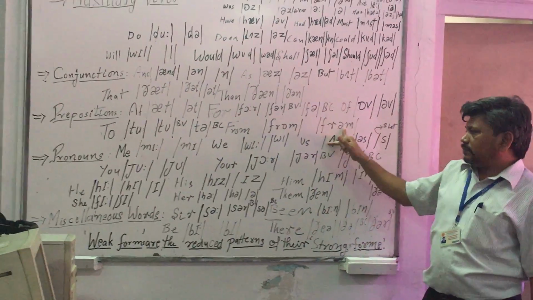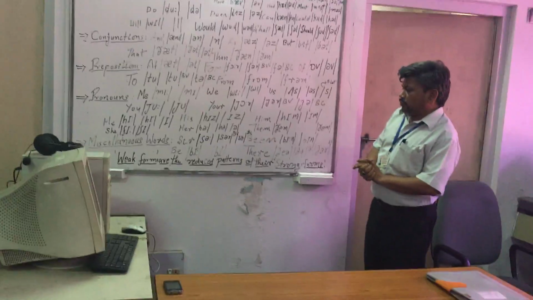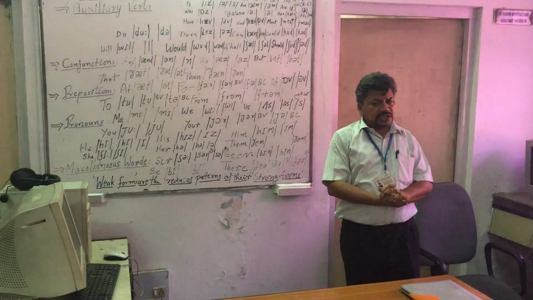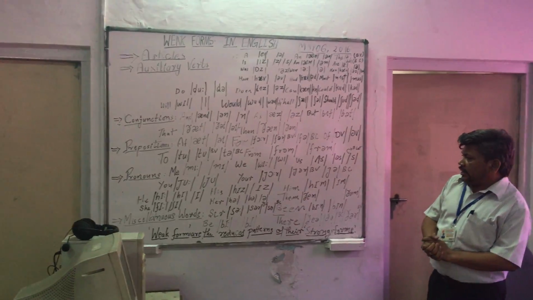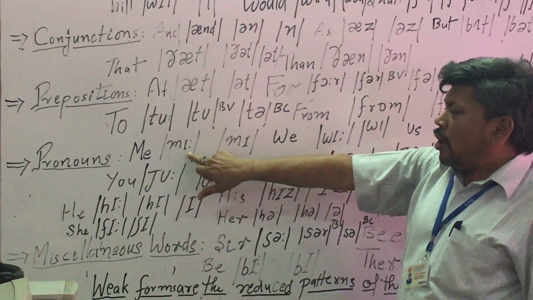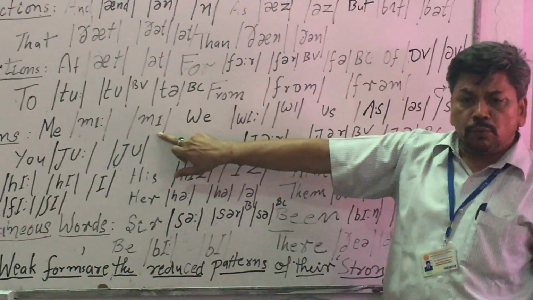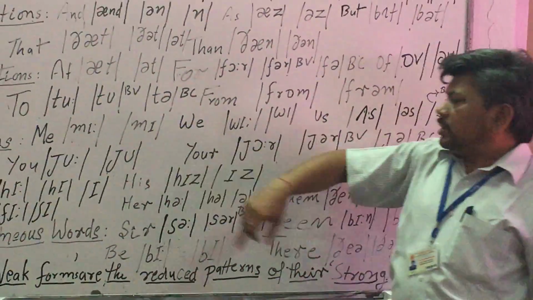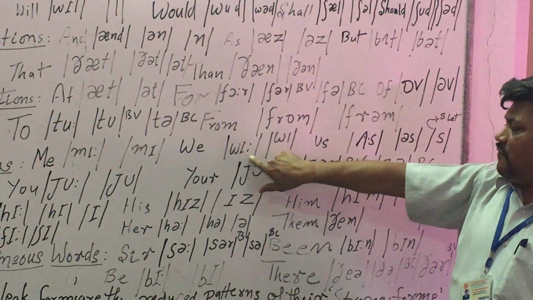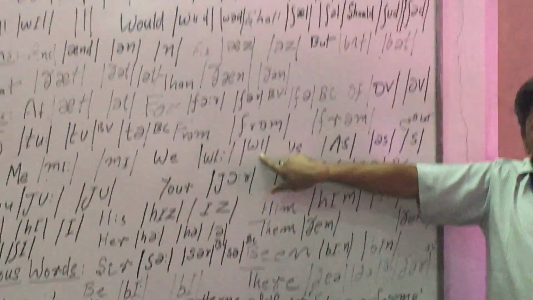From becomes 'frem'. And then let us switch over to pronouns and talk about how weak forms affect the pronoun. Like me, and this longer vowel sound of 'me' is reduced to 'mi', and this longer duration sound of 'we' is reduced to 'wi' as part of weak forms.